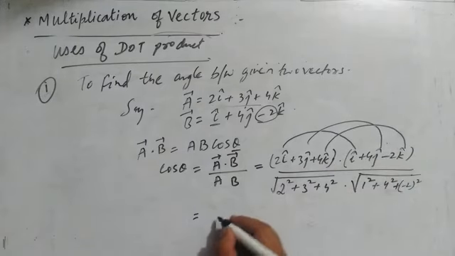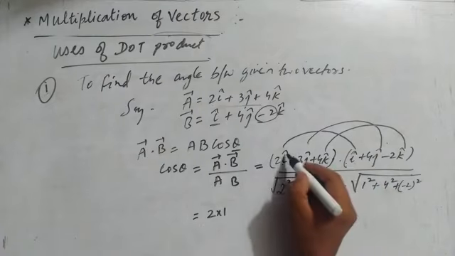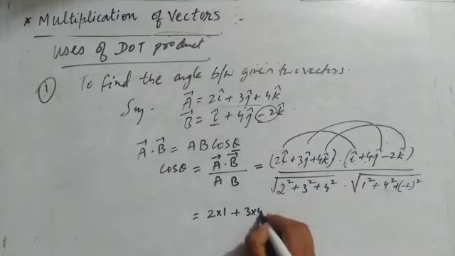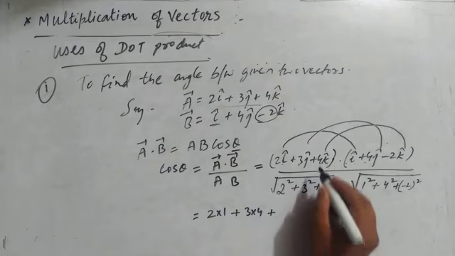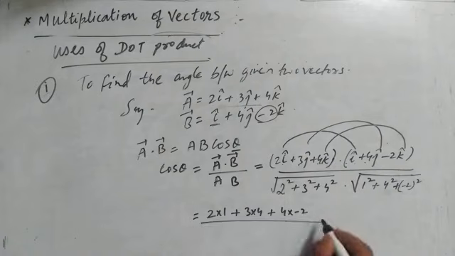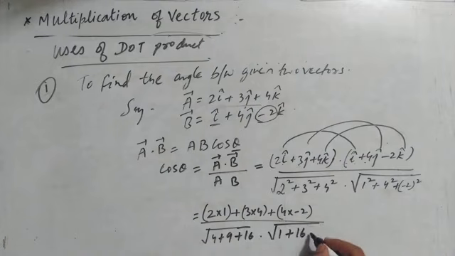So this becomes 2 into 1, and i dot i becomes 1, plus 3 into 4, plus 4 into minus 2, upon under the root magnitude of A, that is 4 plus 9 plus 16 into 1 plus 16 plus 4.